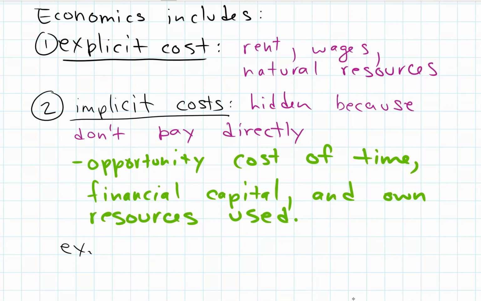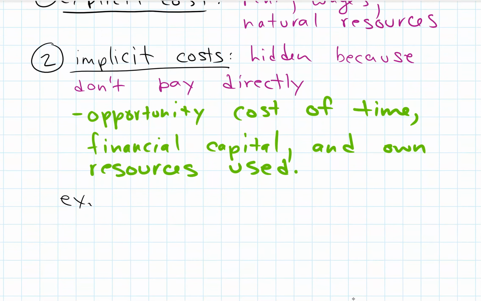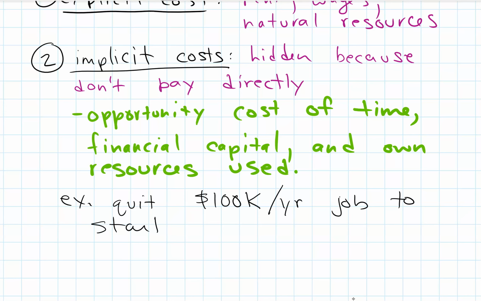Just to give an example here, you quit your 100,000 a year job to start a business. That 100,000 a year is going to be considered opportunity cost here, so we're going to count that as one of your costs.